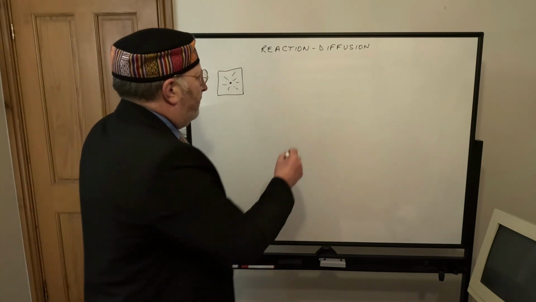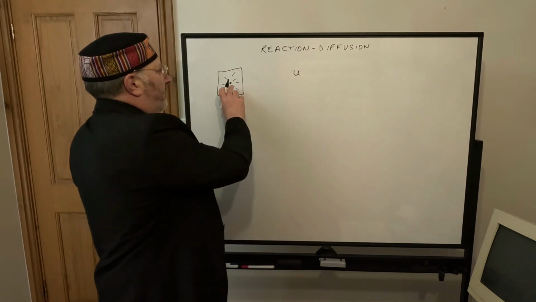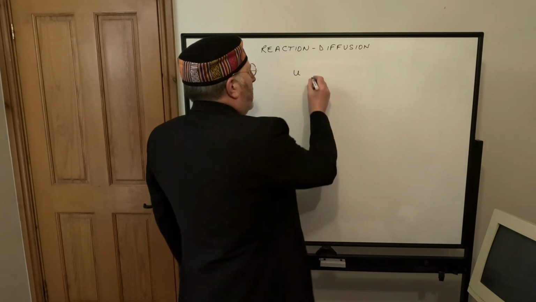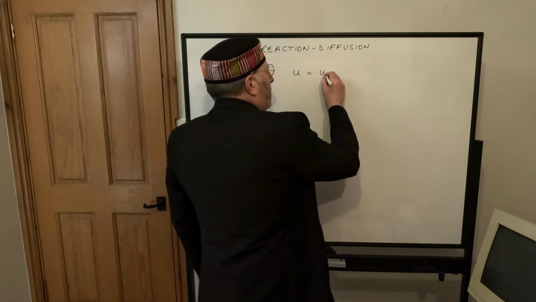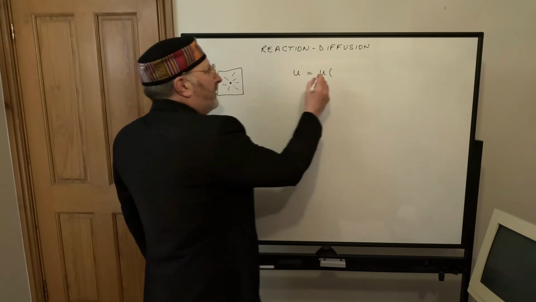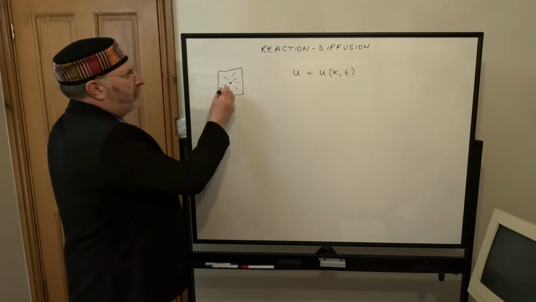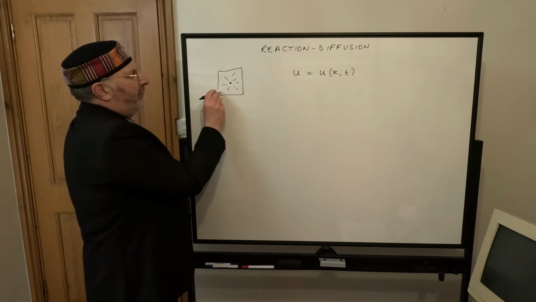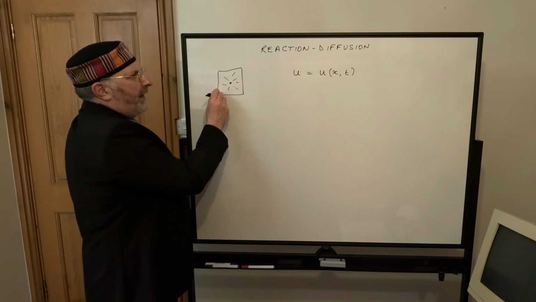So we define, first of all, the density of the ink in the water, U. And this is a function both of position and time. So at the start, the concentration of ink is very high where the ink's just been dropped in, whereas in the corners of the beaker, no ink has reached them yet, so they're still clear.